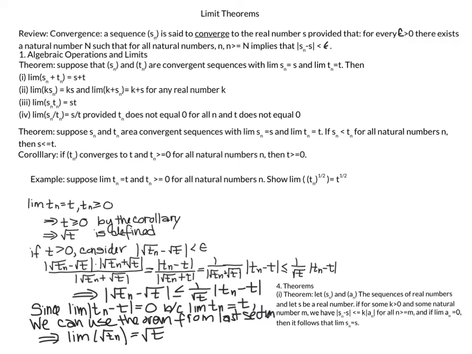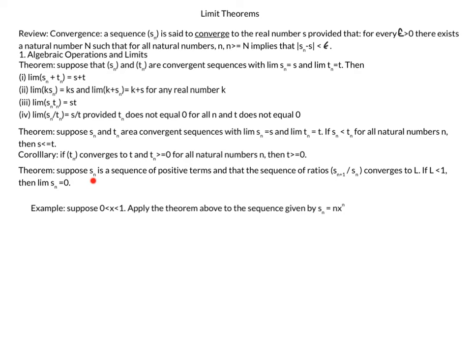So we have exactly this form: Sn minus S is less than or equal to some constant k times some sequence whose limit is equal to 0. What that tells us is the limit of our sequence square root of Tn is equal to S, which is the square root of T. That's exactly what we wanted to show.